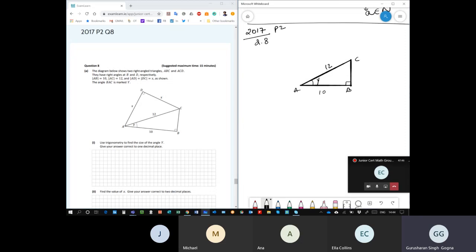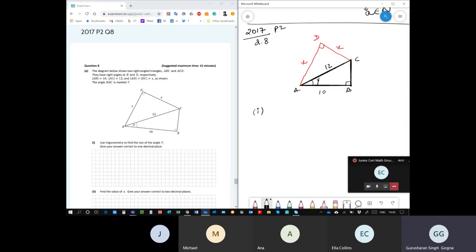This is 90 degree, and there's another triangle. This is 90, this is x, this is x, this is d. So this is all given in the question.